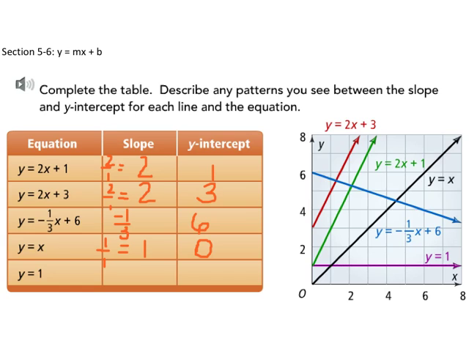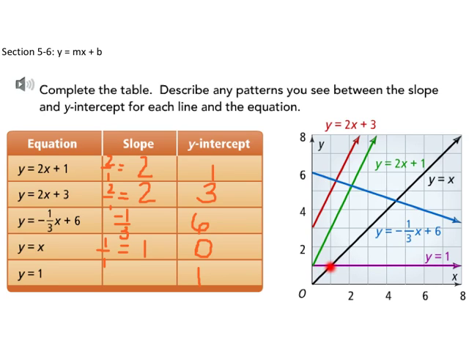The last line to look at is the purple line here. My y-intercept is 1. So I'm going to write that in my table. And then the slope of this line, I go up nothing. I don't go up anything.